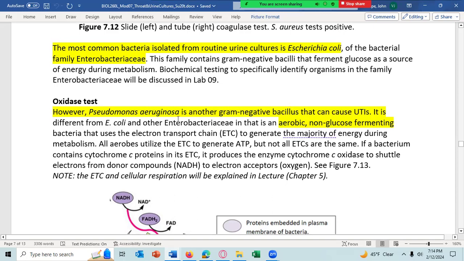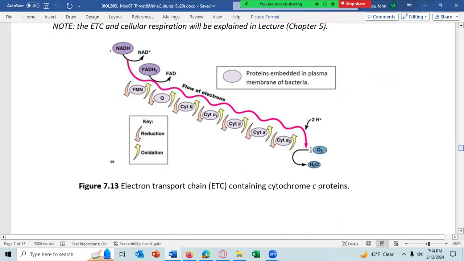And the easiest test to do is the oxidase test because you just look at it, and oxidase is looking at the presence of cytochrome oxidase C, which is an important enzyme in aerobic respiration.